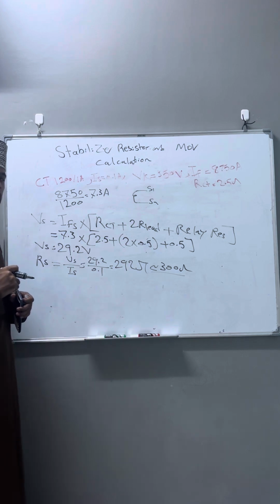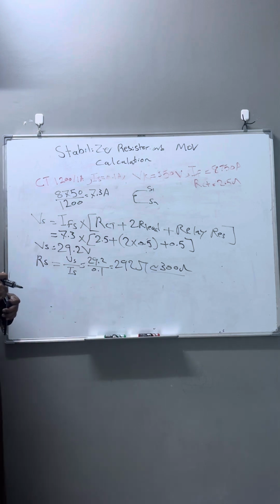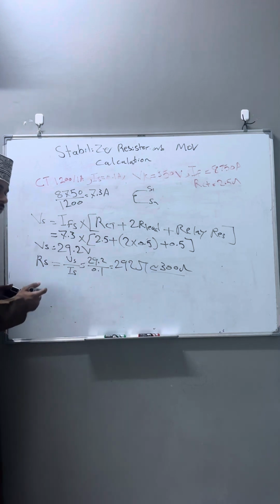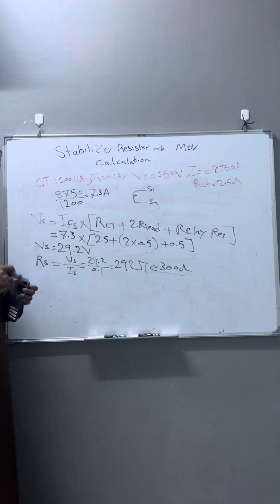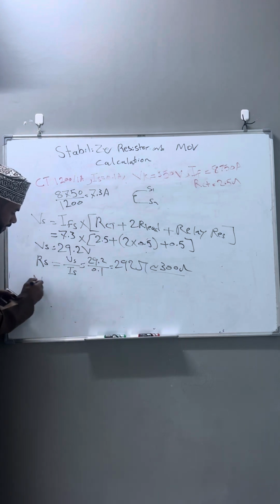Now we will calculate the metrosil resistor. To calculate the metrosil resistor, first we need to find the voltage drop through the fault, Vf.